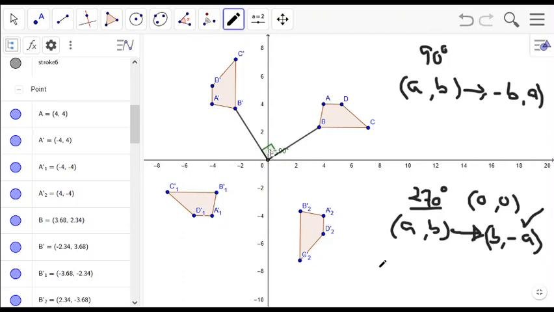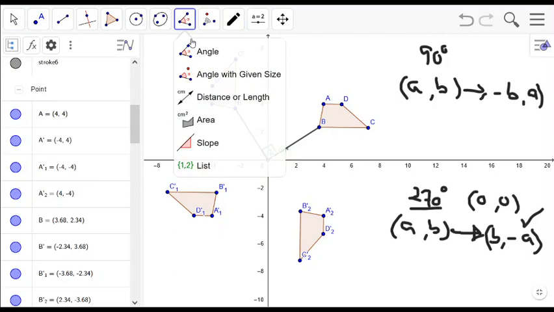On 270 degrees, on 90 degrees we have done, and on 180 degrees we have done. So if you wanted now to see the angle through the center, we move from B to the center to the B, and we can see the angle. If I wanted to know the angle, we did with the angle there.